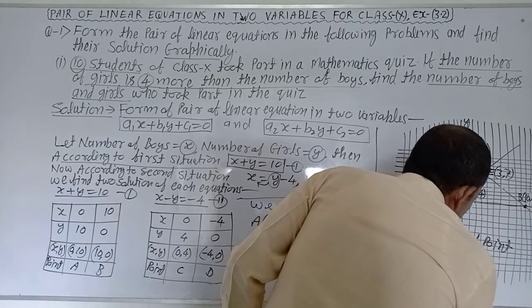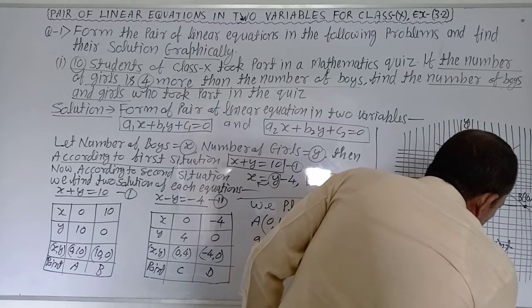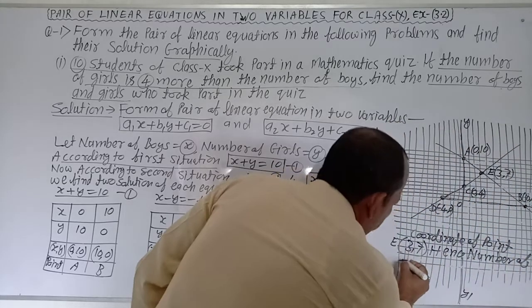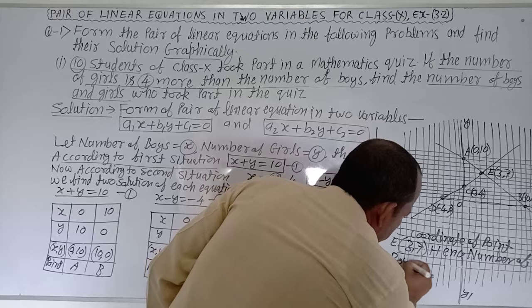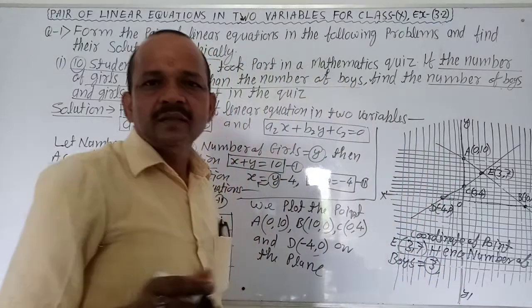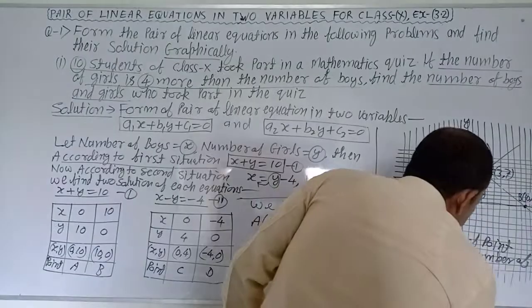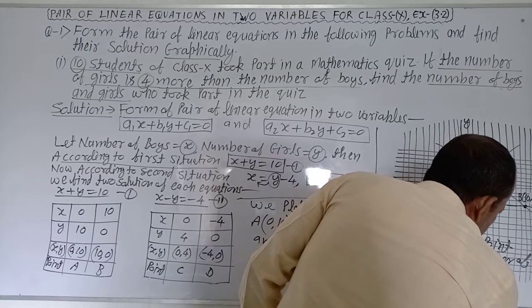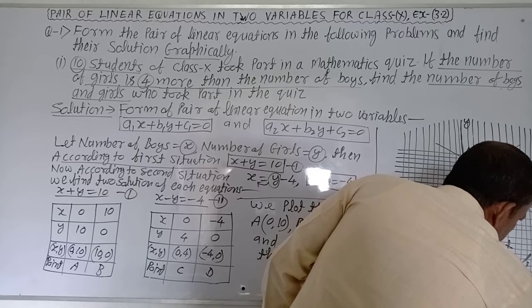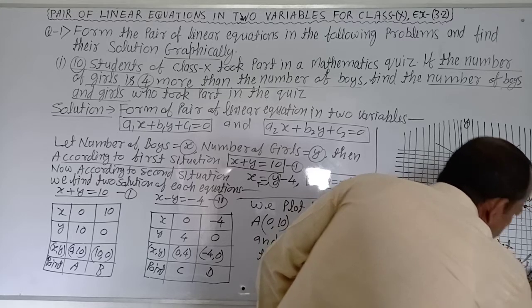Here you can write number of boys equal to 3, number of girls equal to 7.